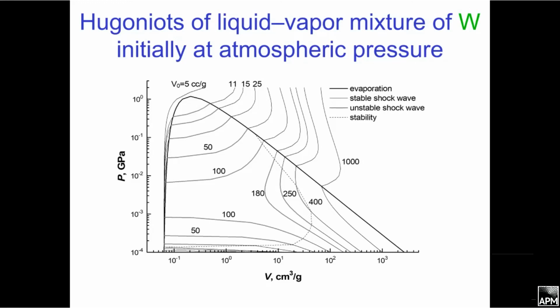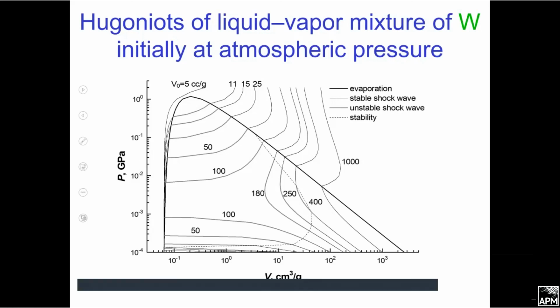And where is liquid, where is vapor? Liquid is at small volumes. And here is the gas phase. Gas corresponds to higher volumes.